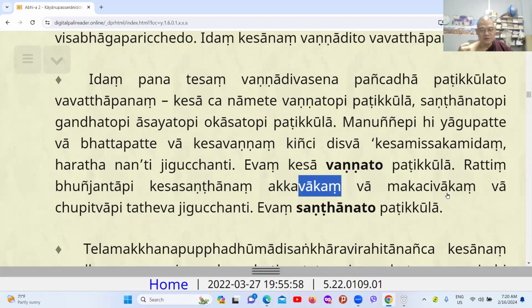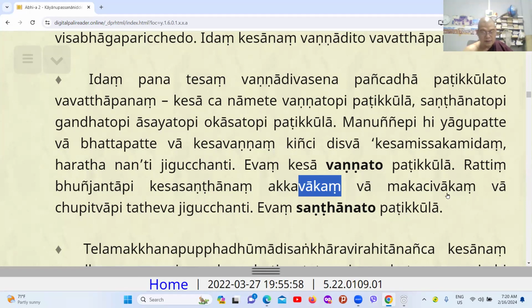Even though you do not see with your eye, when you touch it, you think it is kesa. So you try to remove it, even though it is not kesa, because you think that is kesa. Now the form or the shape of the hair there, you feel disgusted.